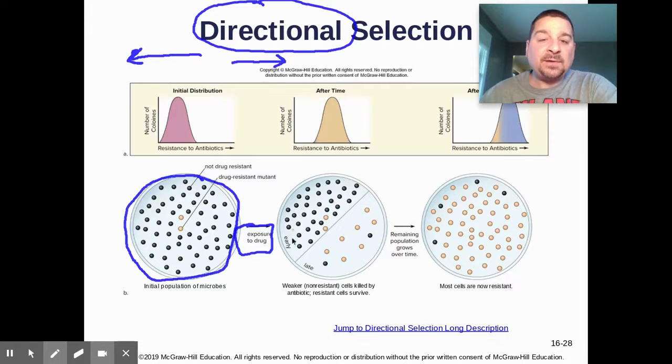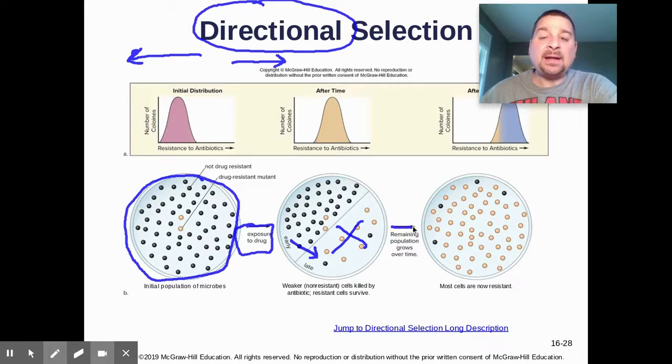It kills off right away. It doesn't kill very many, but the longer you take the antibiotics, the weaker non-resistant cells are killed off. And if you don't take all of your antibiotics and kill all of these things off and allow your body to fight them off, you get a few of the original population surviving and a lot of resistant bacteria surviving here.